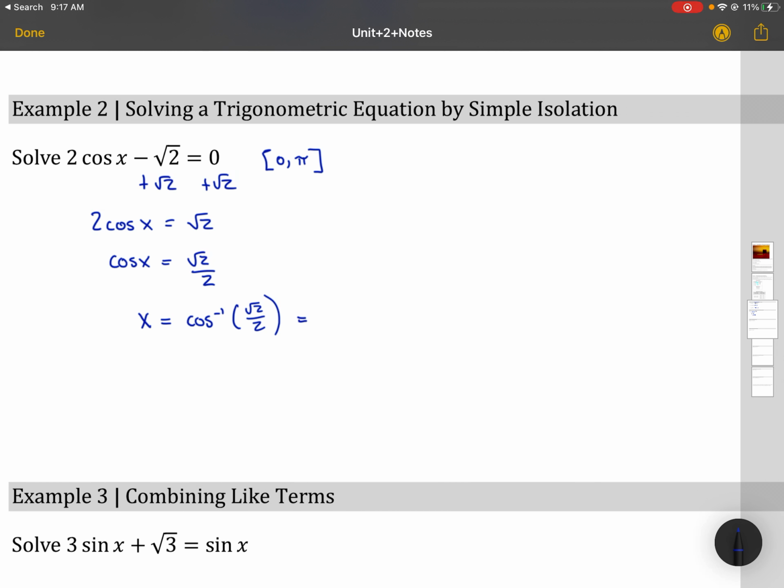So from 0 to pi, the only angle with a cosine of square root 2 over 2 is pi over 4. We are giving our angles in radians, not degrees. So pi over 4. Now, if we had the interval 0 to 2 pi, we would have pi over 4, and cosine again is positive in quadrant 4, so then we would also get 7 pi divided by 4.